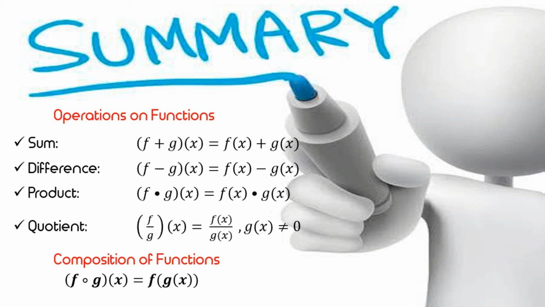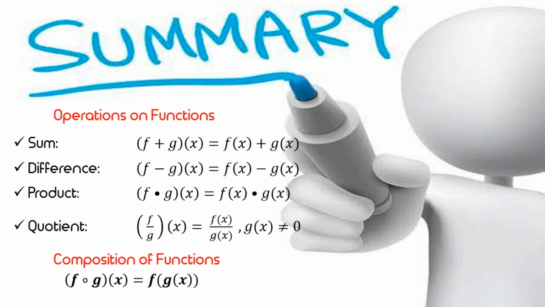The product, which is defined as f times g of x is equal to f of x times g of x. And the last, which is the quotient, which is defined as f over g of x is equal to f of x divided by g of x, where g of x should not be equal to 0.